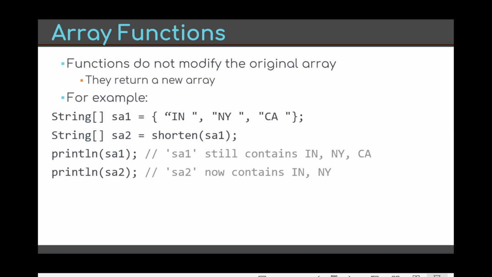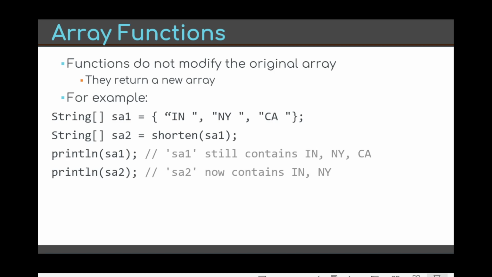Index 0 is the string I N and a space. Second index, or index 1, is N Y and a space, and index 2 is C A and a space. And we call the shorten function on the first array, on SA1. This is what happens. And we stash that into SA2.